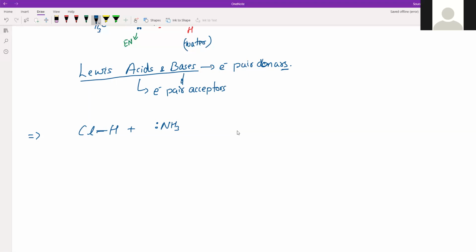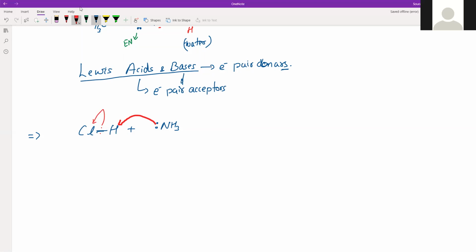Now if that happens, this electron pair will be donated by NH3. How does this electron transfer happen? From NH3 to H, right? At the same time, the electron pair which was shared here is given to Cl.